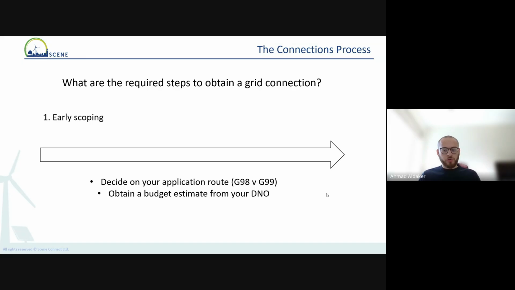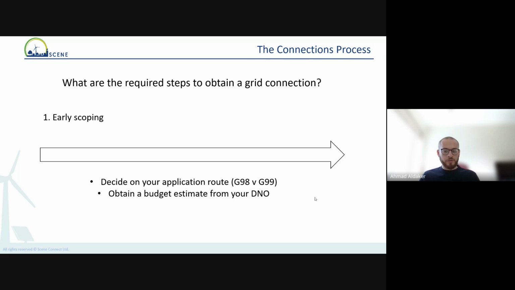If you're installing low capacity generation, about 3.9 kilowatts or less for a single phase generator, or 11 kilowatts for a three-phase system, which is the usual, then you'll only need what's called a G98 application. These are free of charge and more straightforward to undertake. But community energy projects are typically of a much larger scale, which means you will need a G99 certification, which we'll look at in a bit.